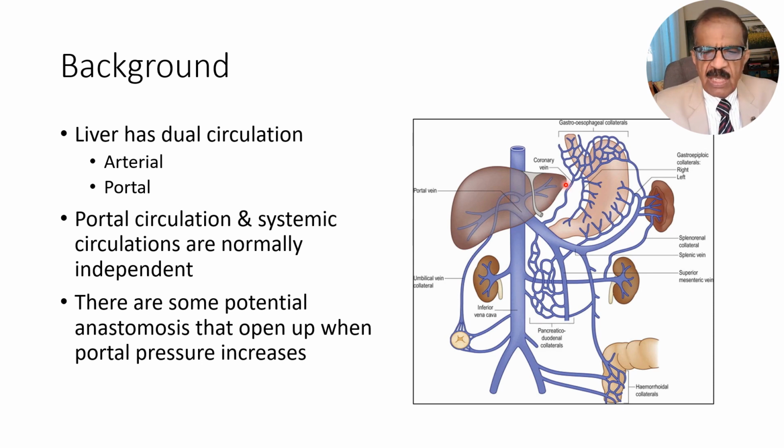So this in a way is nature's protective mechanism. This gives somebody some extra life, because if this mechanism did not exist, one of these portal veins would rupture immediately, or at least much earlier, and the patient would go into shock.